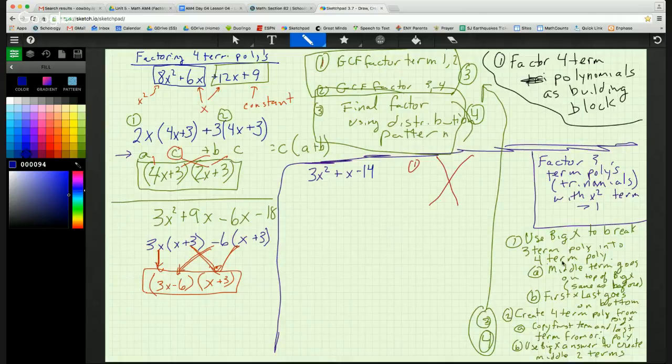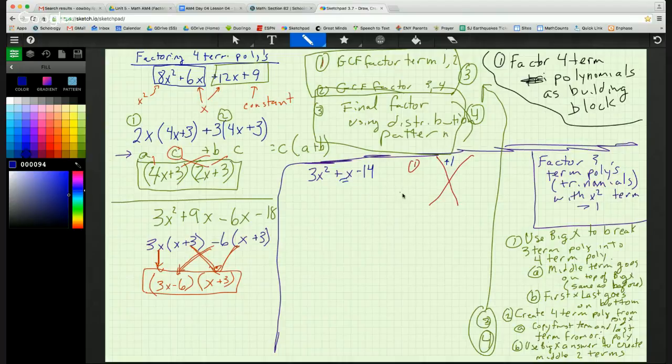So step 1 is create a big X, and we're going to break our 3-term poly into a 4-term. The way we're going to do it is our middle term goes on top of the big X, just like before. So this is a +1 right here. Just like we were doing in our old X when we had just an x squared term of 1, we put our +1 here. Now on the bottom, we would normally put a -14.